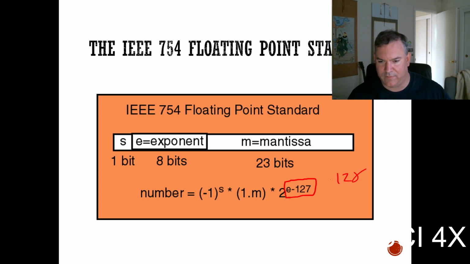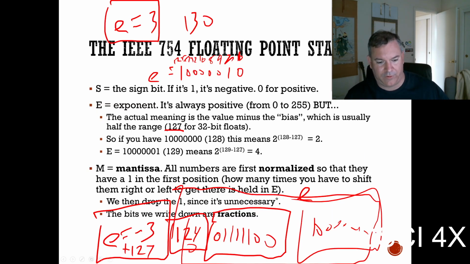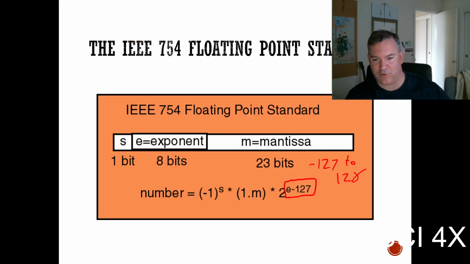And the lowest value is negative 127. So that's the range you can have there. You add 127 to whatever the exponent is. So 127 plus -3 is 124. 127 plus 3 is 130. So that's the actual bit pattern written to disk. And it also makes the math easier on the FPU.